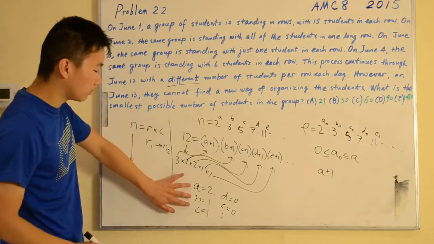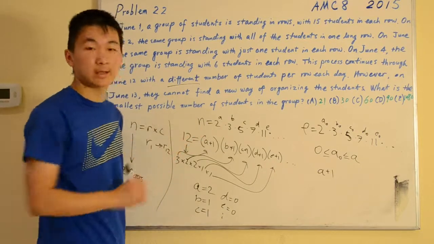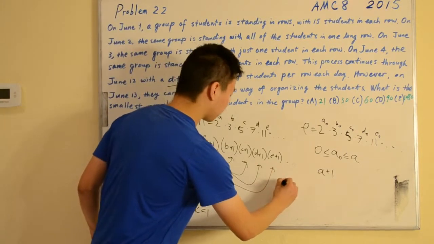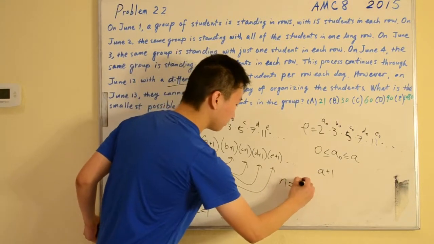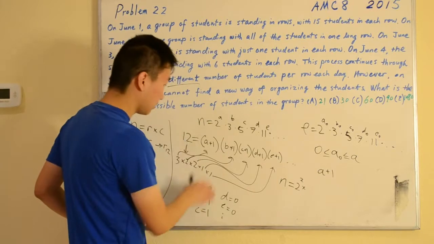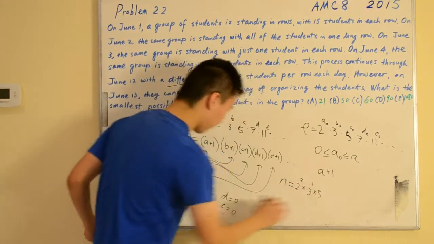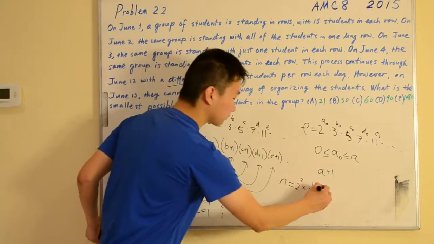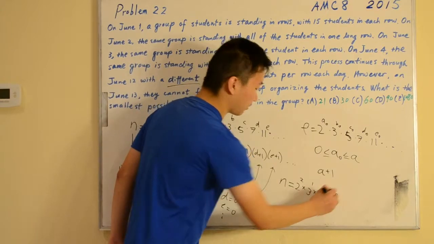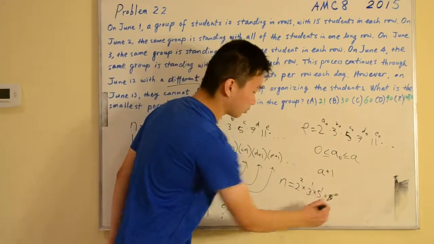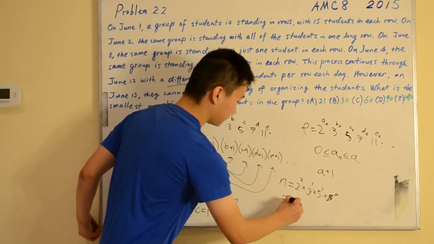So now that we know what these powers are, we can find what n is. n equals 2 to the power of 2 times 3 to the power of 1 times 5 to the power of 1, and then times a bunch of numbers to the power of 0, which is just 1. So that means that n equals 60.